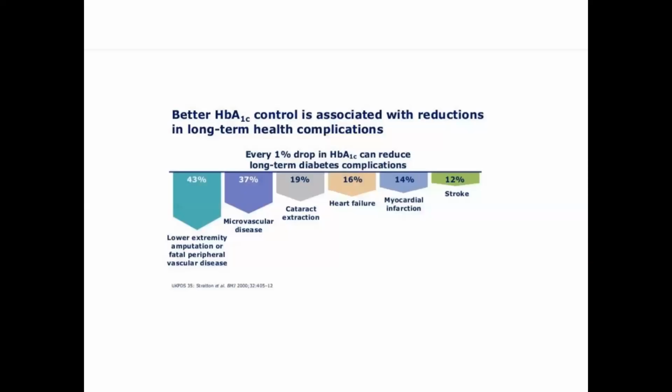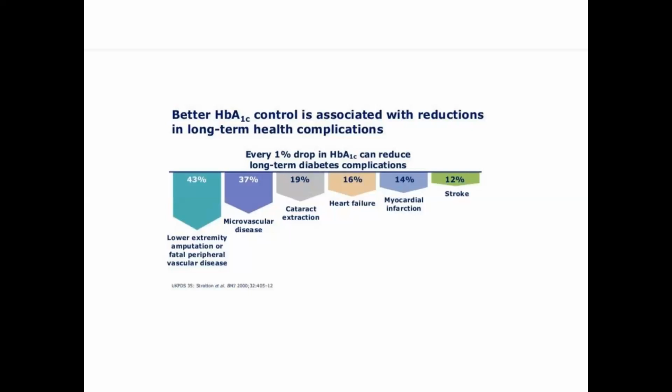Now, studies have shown, like I already mentioned, that better HbA1c control is associated with reductions in long-term health complications. It's been found that for every 1% drop in glycated hemoglobin, we have a 43% reduction in the risk for lower extremity amputation or peripheral vascular disease.